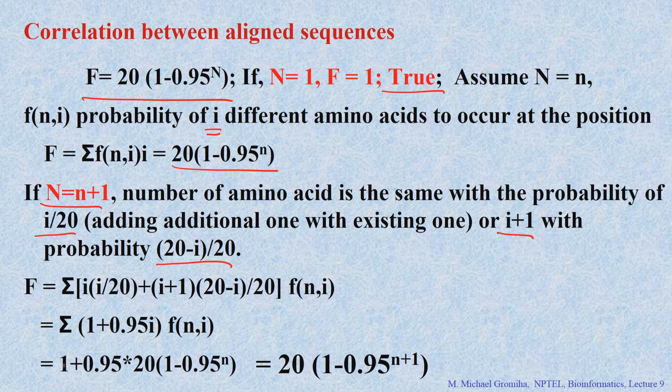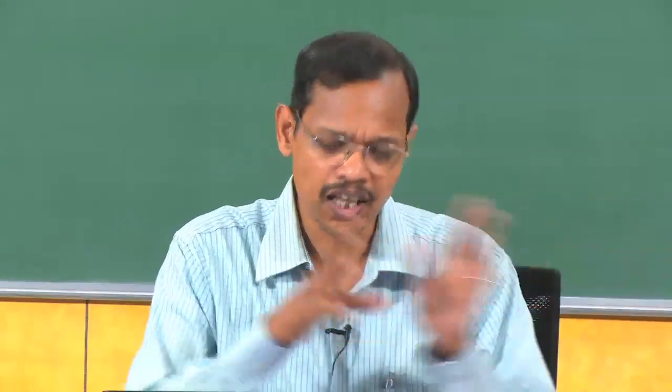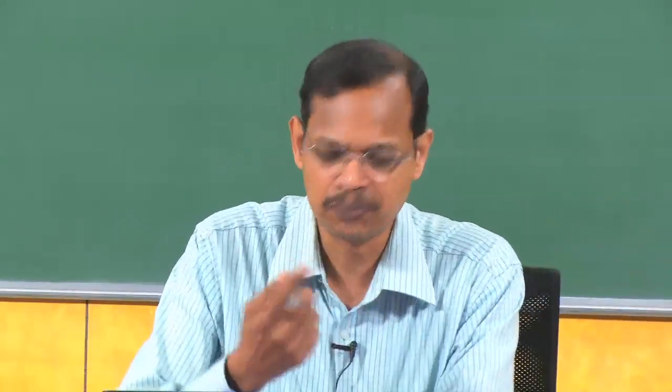If you divide by 20, right, 0.05, and then finally take the 20 out, you will get 20 times 1 minus 0.95 to the power n plus 1. So if you look at these two equations, if n equal to n or n equal to 1, it obeys this equation, and if it is n plus 1, it is the same, instead of n we use n plus 1. So if you prove this one, then we can use this particular equation to see the actual and the random distribution and to get the independent counts.